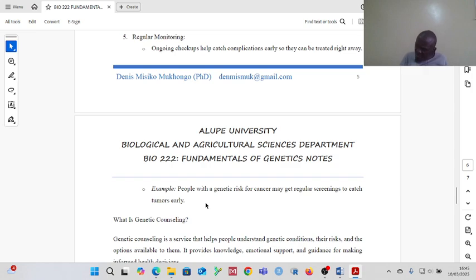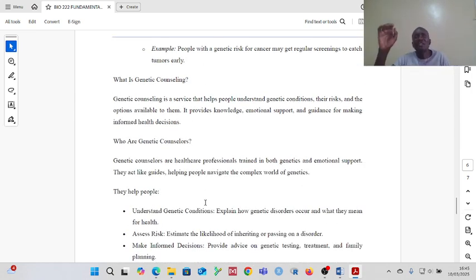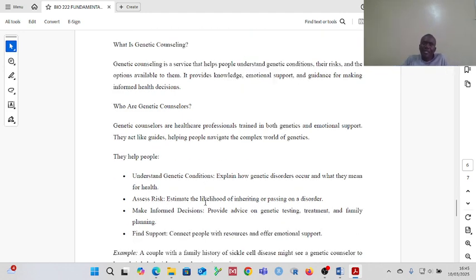Okay. So another thing, because you've said that you cannot cure a genetic disorder, it means there is a way in which you need to be helped, to be counseled, so that you understand the genetic conditions that you carry, the risks, and the options that are available for those genetic disorders.